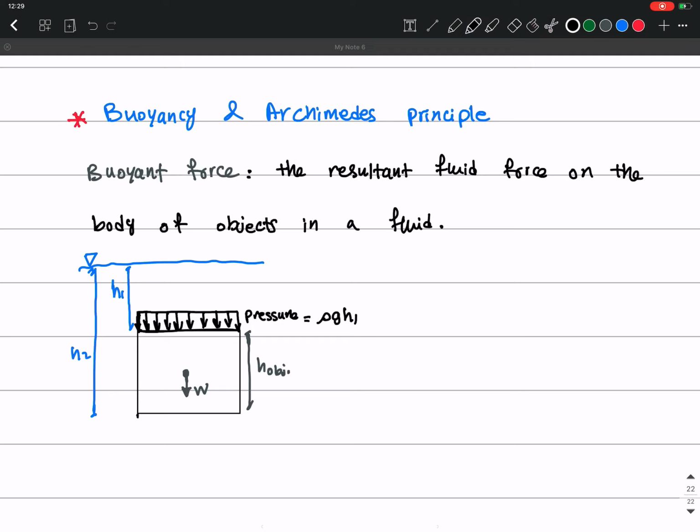And on the bottom we have a larger force, because h2 is larger.